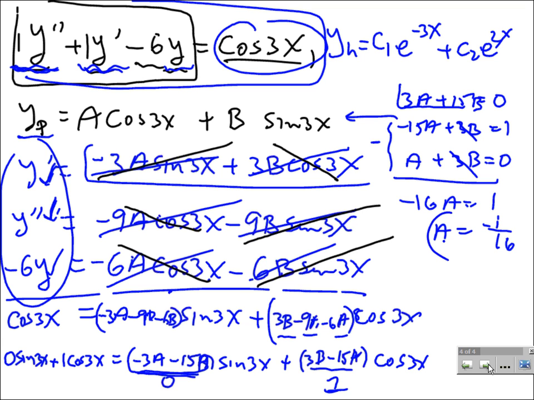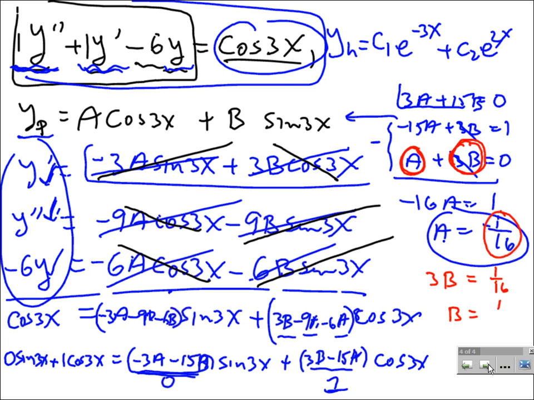Okay, so we have a. Now we want to find b. Well, I know that when I add these two, I get 0. So if a is negative 1 over 16, then this number, regardless of how it looks, must be positive 1 over 16.